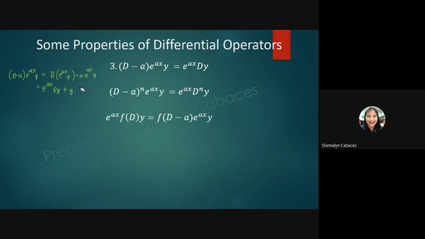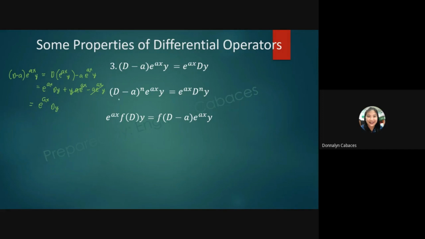What is the derivative? So that is a e to the ax. And then minus this term, minus a e to the ax y. So this is a e to the ax y minus a e to the ax y. This is 0. Therefore, this is e to the ax Dy, which is this one. We just showed how this left side is equal to this one.